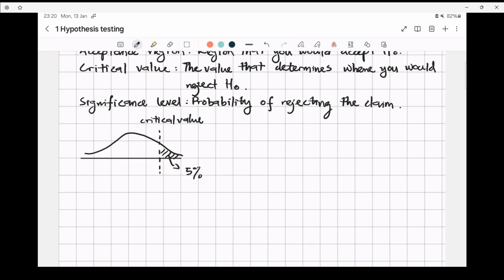We'll see some examples later on. The part I shaded is the critical region, whereas the other side is the acceptance region. It depends on what kind of test you are doing. This particular example is a right tail test, which is one example of a one-tail test.